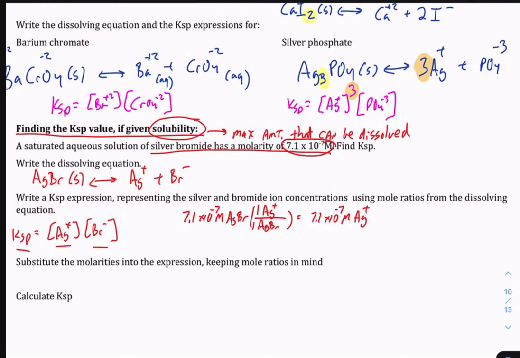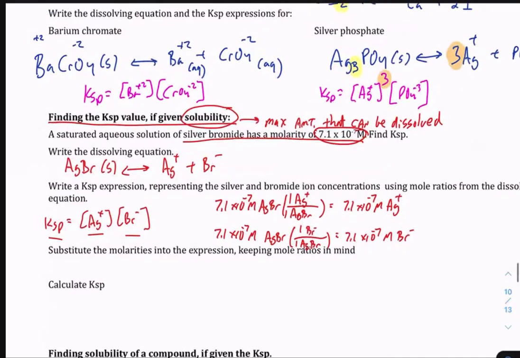Now, it might look like it didn't really do anything. The reason why I wrote that out is to show that if I know the concentration of the compound, I know the concentration of the ion. I'm going to do that again, but this time for bromide. And it's not always going to be 1-to-1, by the way. You could have like AgBr2 or something. All right.